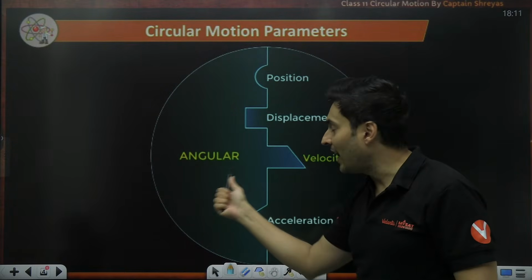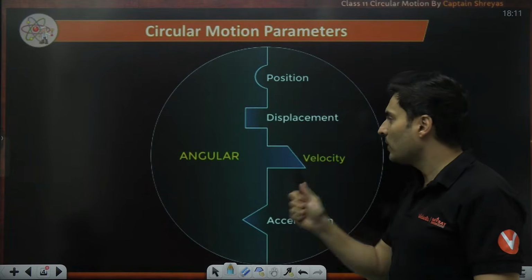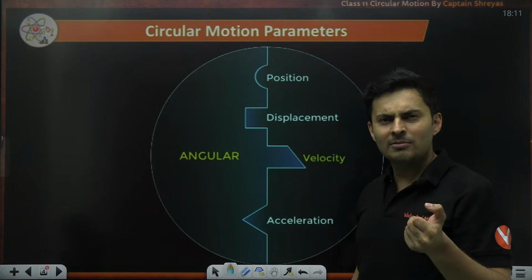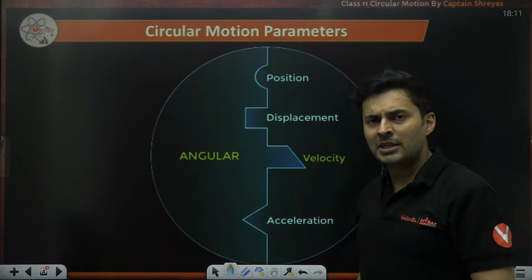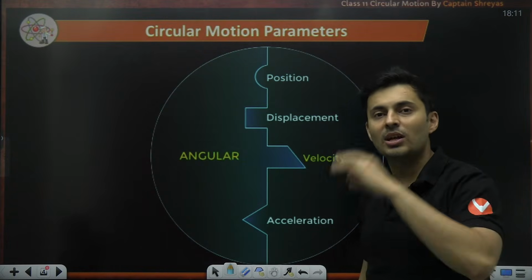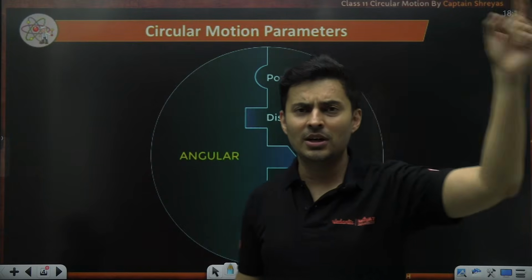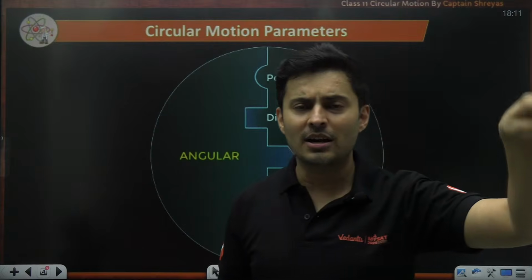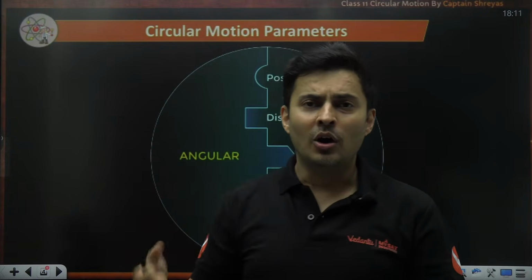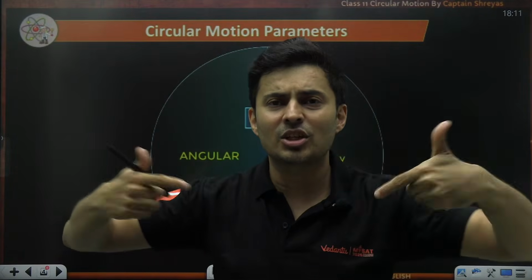See this over here. Angular position. Angular displacement. Angular velocity. Angular acceleration. Oh, the word angular comes. So why is it coming? Because the name of the chapter, what we are studying today, is circular motion. Everything is going round and round like a merry-go-round, giant wheel of a truck, or a fan, or a rotating top, or a motor, or you just spinning around, or anything which just rotates.